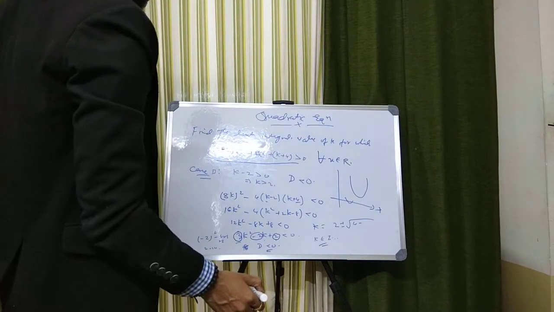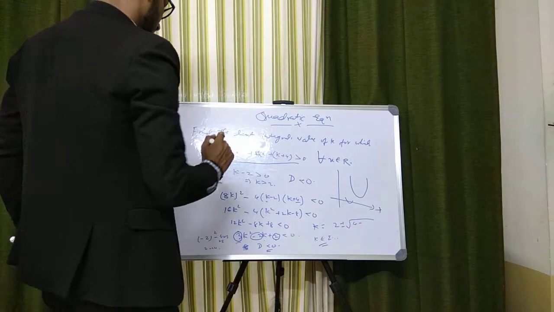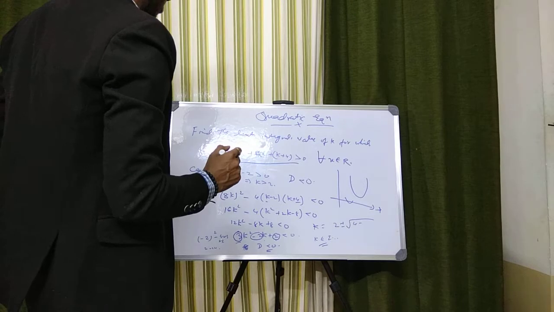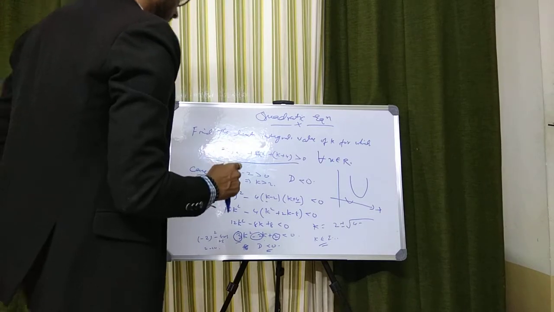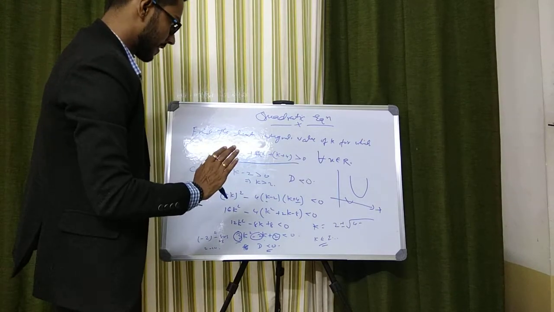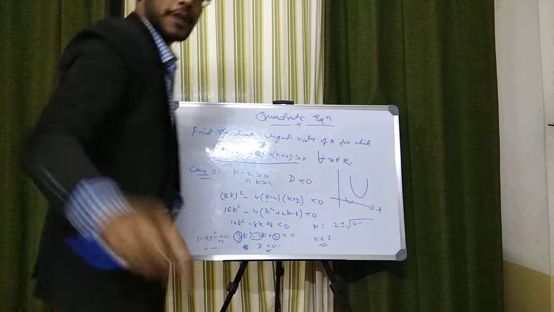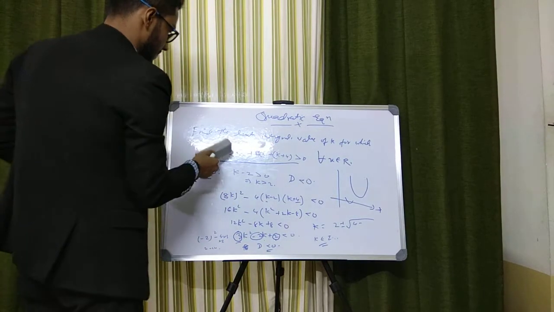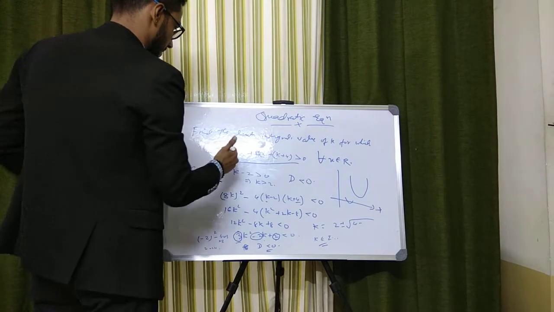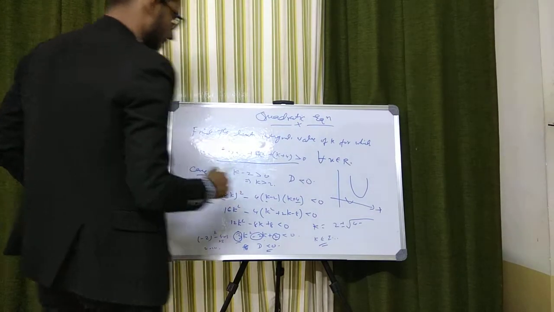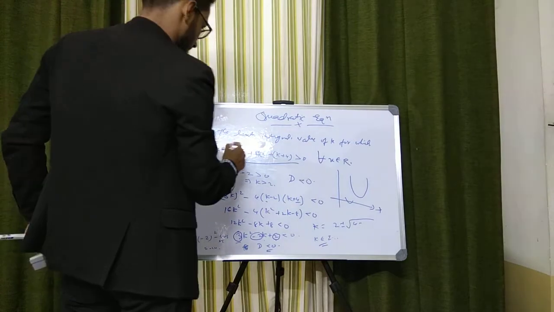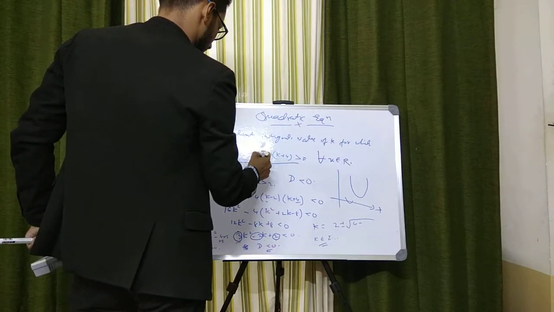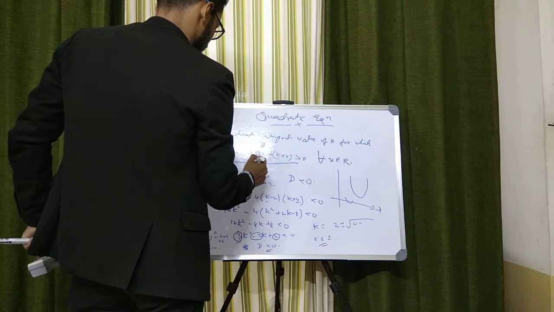Find the least integral value of k for which k minus 2x square. Okay, here we are not getting an integral value. That means some problem is there in the equation. Okay, so let's do this thing. I can make this 4. Let's say if I make this 4, k minus 4x square plus 8x.